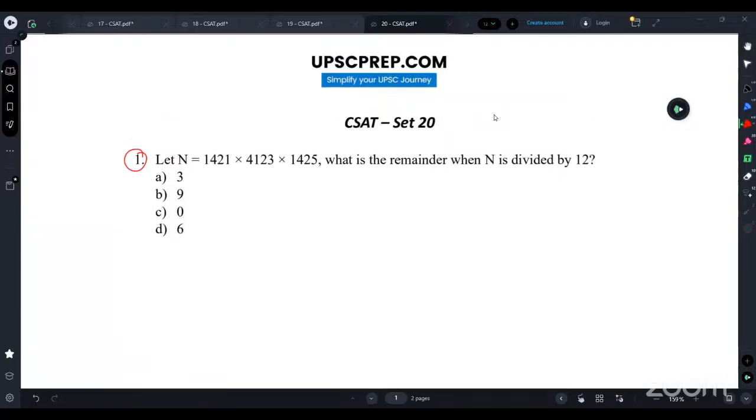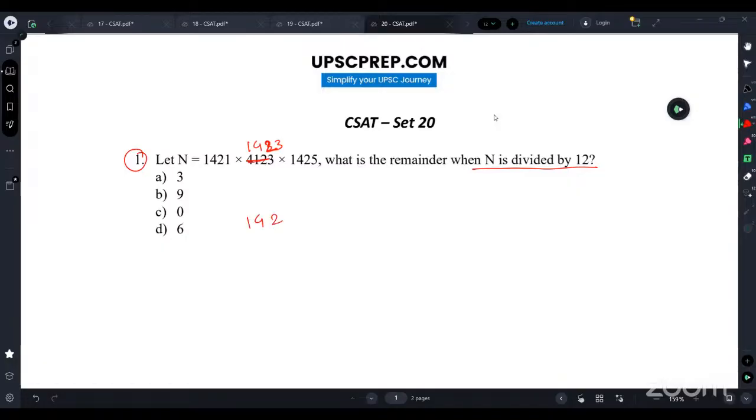Last set says n is the number 1421 into. Oh, sorry, guys. This is a mistake. Here it should be 1423. My bad. And again, it is 1425. Then this question becomes easy to solve. Okay. The order should have been 1421, 1423, and 1425. What is the remainder when n is divided by 12?